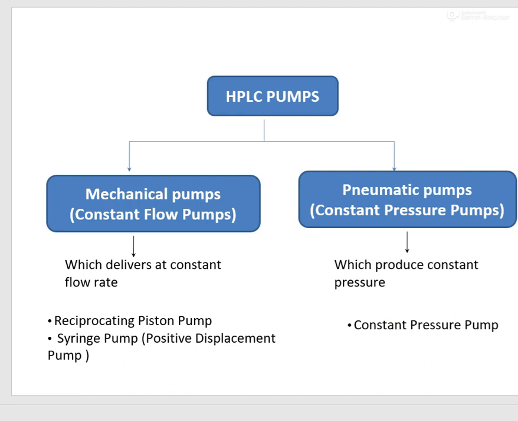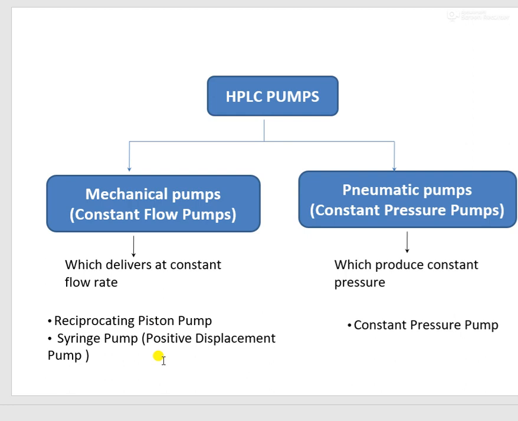Now what are the types of HPLC pump? There are basically two types of pumps used in HPLC. One is mechanical pumps and another is pneumatic pumps. Mechanical pumps are known as constant flow pumps because they deliver at a constant flow rate, while pneumatic pumps are known as constant pressure pumps, which produce constant pressure.